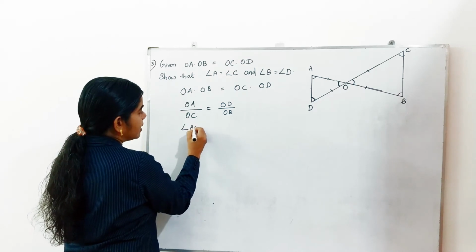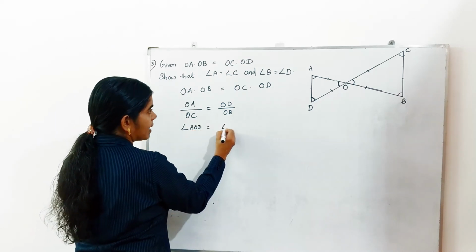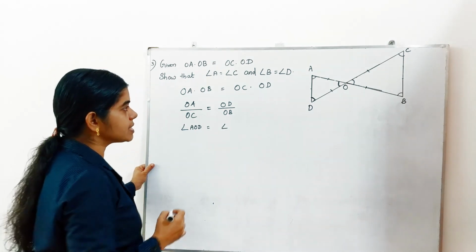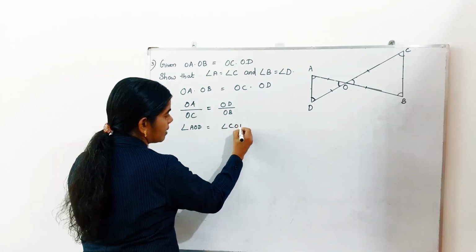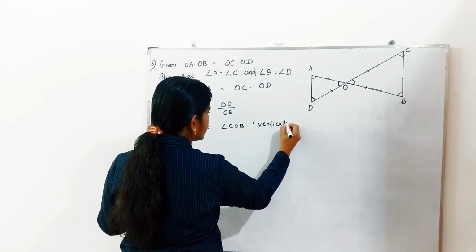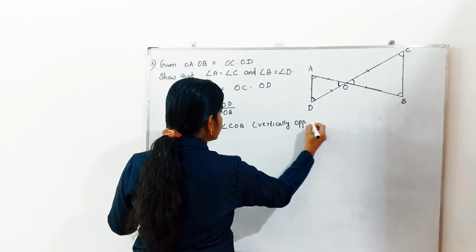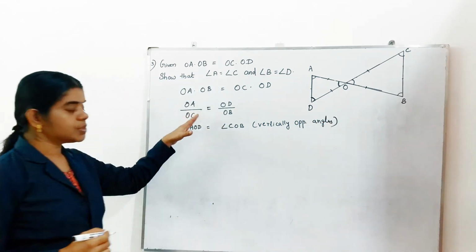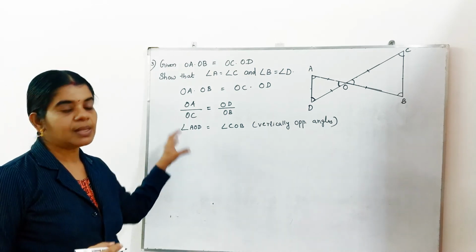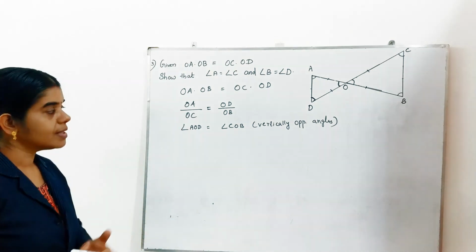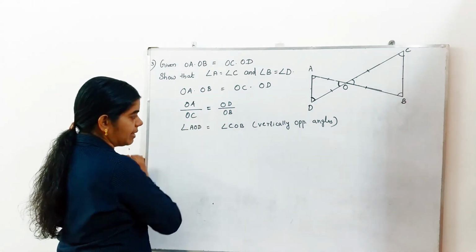That is angle AOD is equal to angle COB. The reason is vertically opposite angles. That also you got equal. Here two sides ratio you got equal, and the angle included between those sides also equal. Then these two triangles are similar.